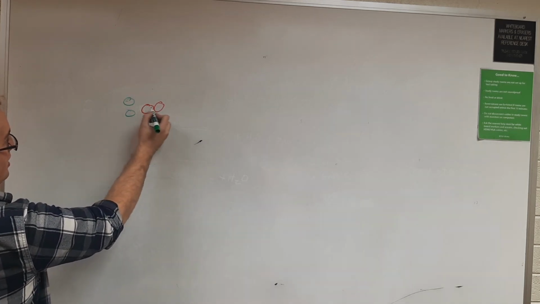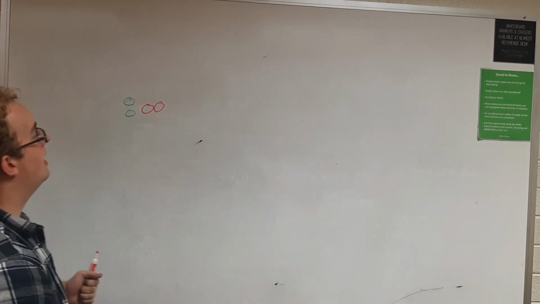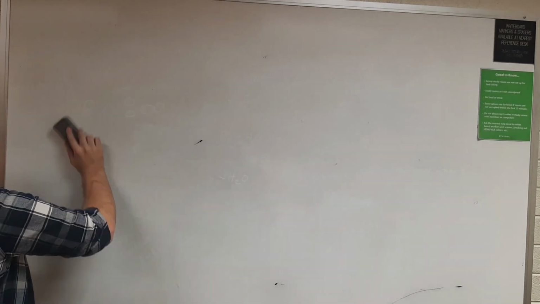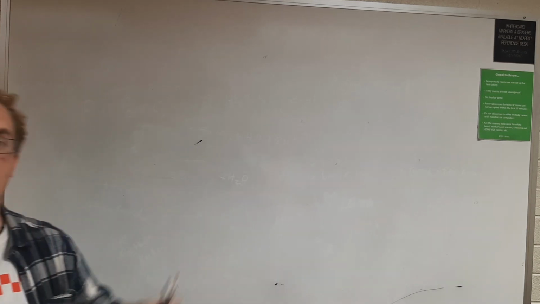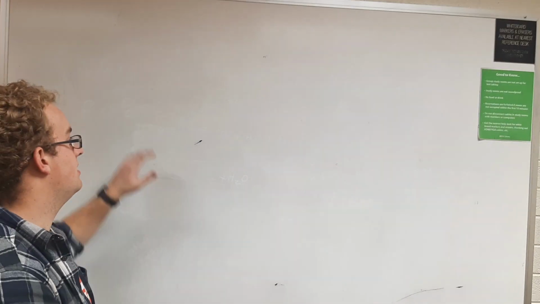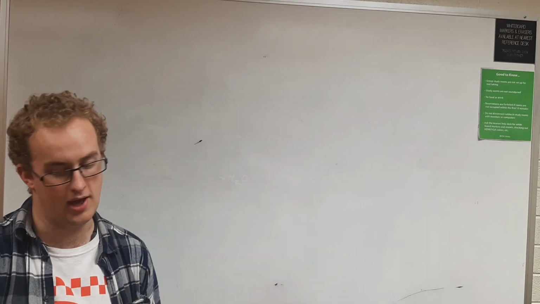Now if they collide, this is going to almost make a wedge force in between them and push them apart. That's what it means when they have to have the right orientation in order to make a reaction happen. So when we talk about factors that can increase or decrease reaction rates, we're talking about things that make the molecules do one of those things in a more effective way.